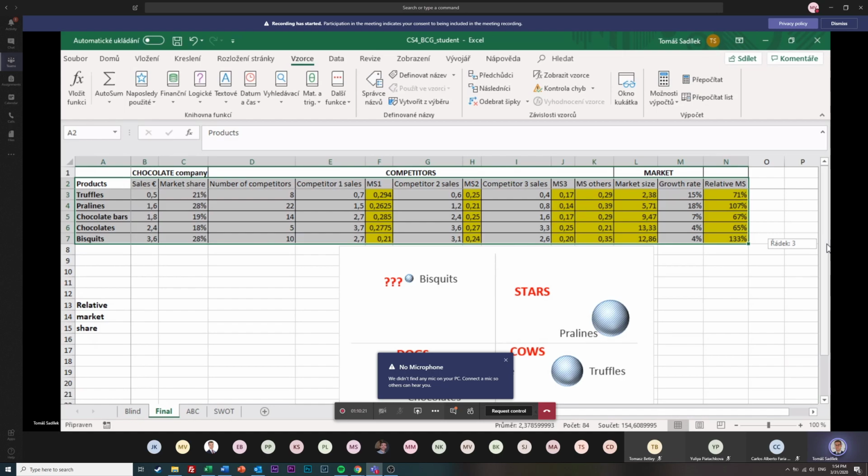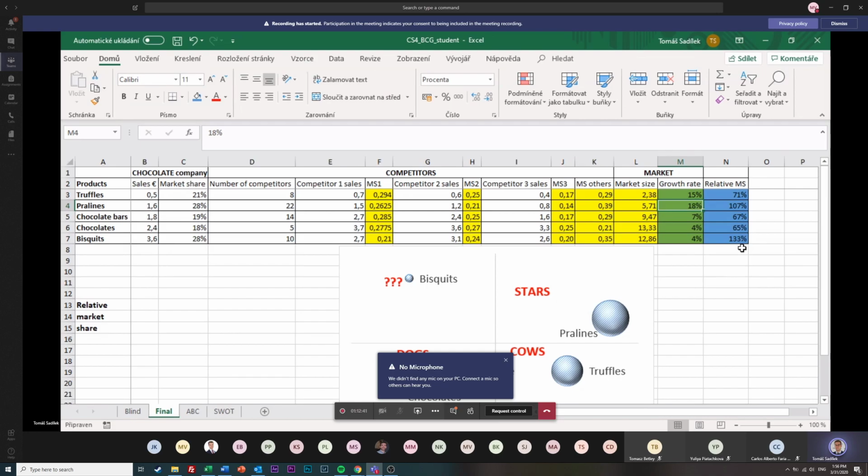Then we have the truffles as cows. Truffles are a product that doesn't grow so fast. Truffles are still growing, but the market share is a bit lower, so we put them as cows.